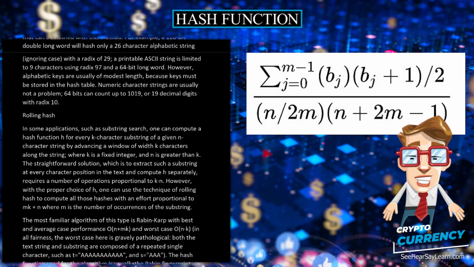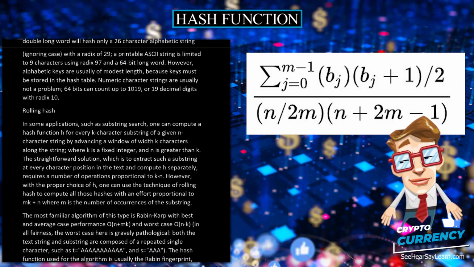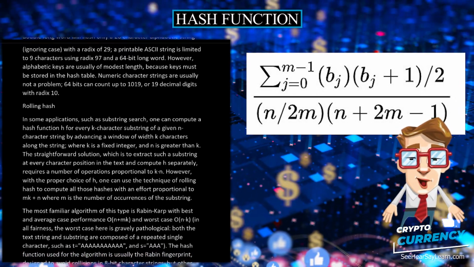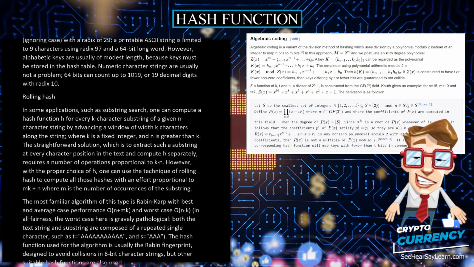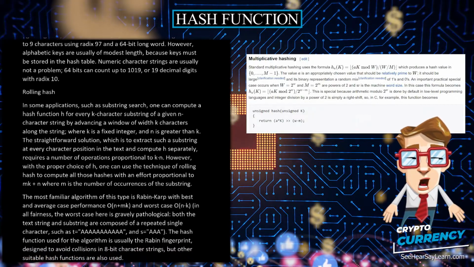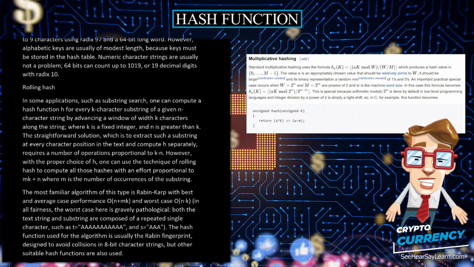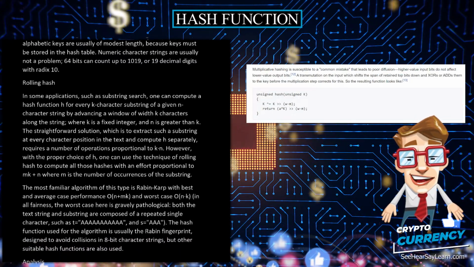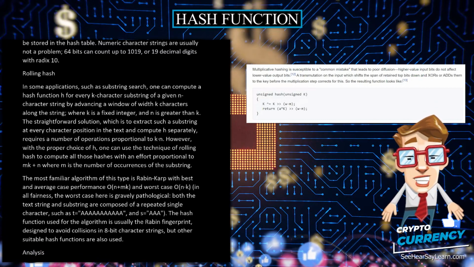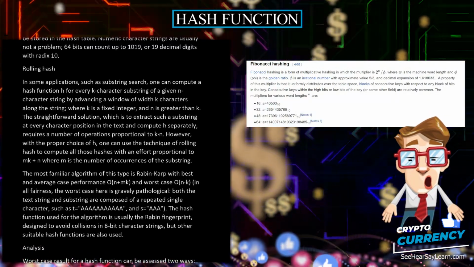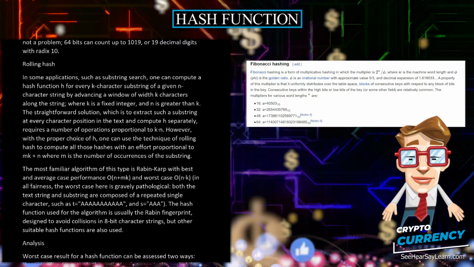In all fairness, the worst case here is gravely pathological. Both the text string and substring are composed of a repeated single character, such as t = aaaaaaa and s = aaa. The hash function used for the algorithm is usually the Rabin fingerprint, designed to avoid collisions in 8-bit character strings, but other suitable hash functions are also used.